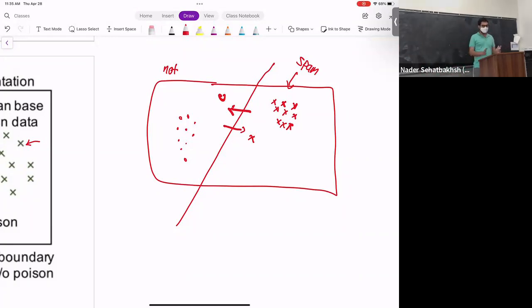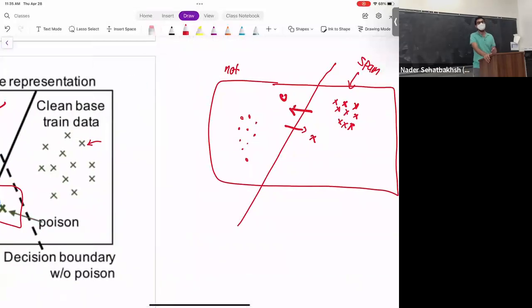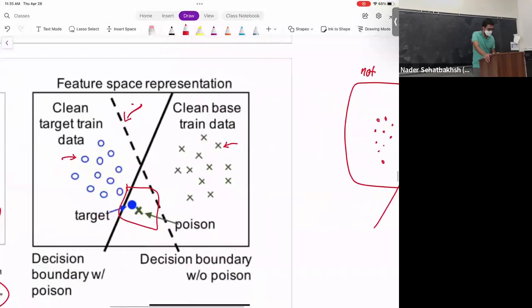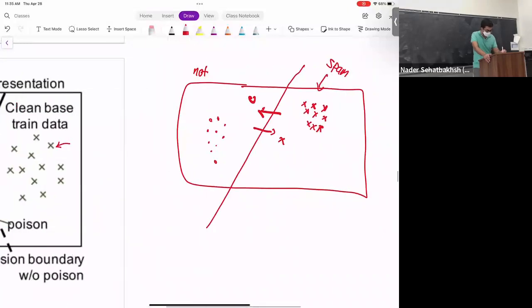And this is good enough because all the spam samples are on this right side and all the not spam samples are on the left side. What the poisoning does is basically shift this decision boundary, and it's going to shift it to this point here. So the decision boundary would be something like this.